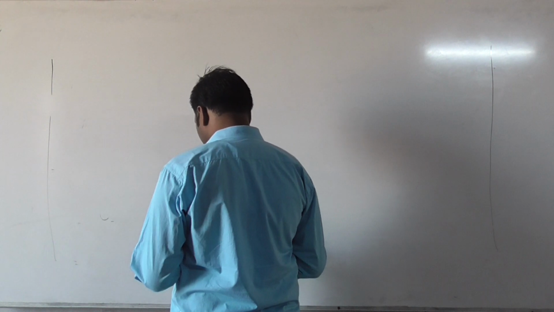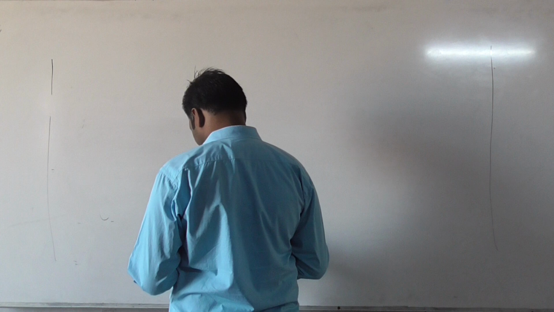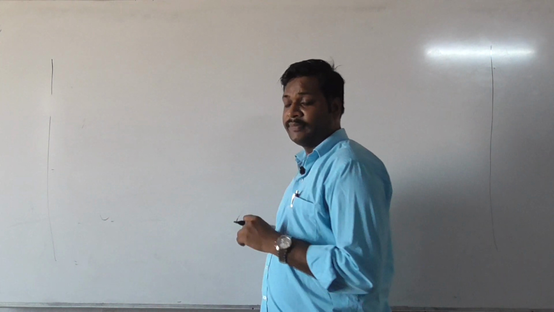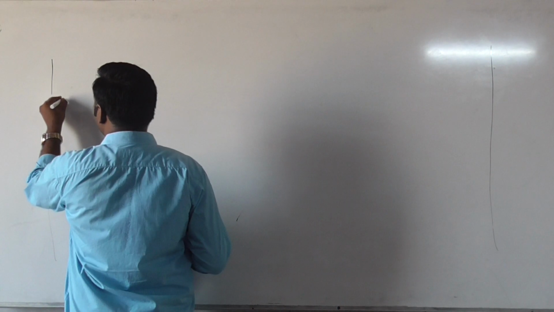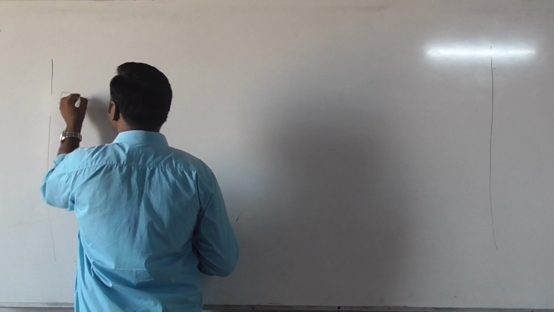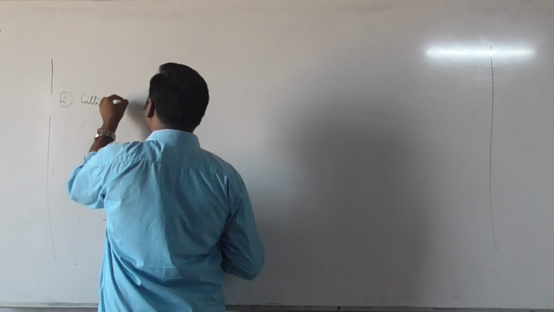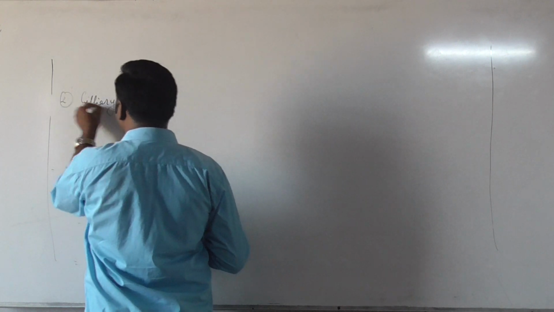Then the third part. First in the retina we have seen the optical part. Now the second part is the ciliary part. The first part was the optical part.